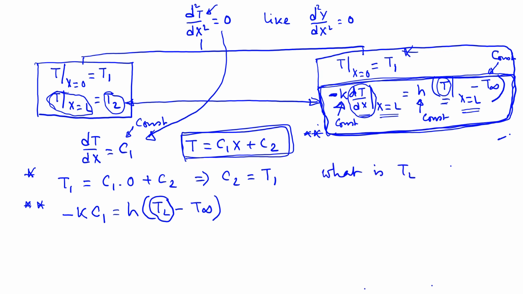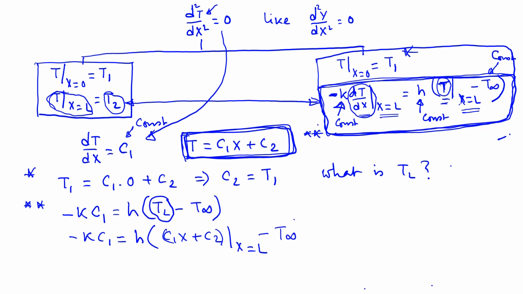Notice that the meaning of this part is T evaluated at x equal to L. So then this part should be T, that's this one, evaluated at x equal to L. In other words, C1 x plus C2 evaluated at x equal to L minus T infinity.